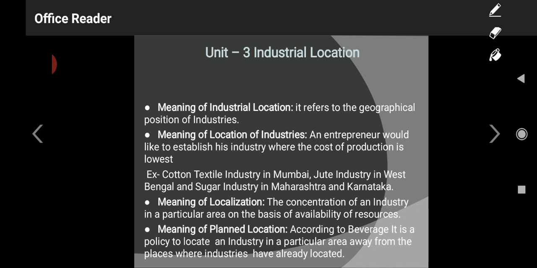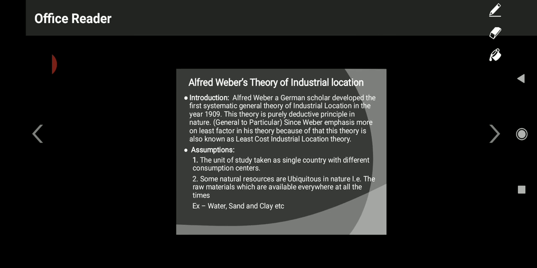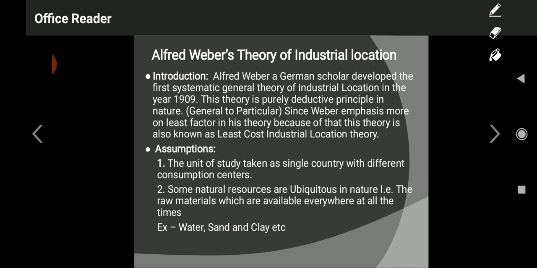If no other industries are located earlier in that place, then they are going to establish their own industrial location in that particular place. That is called the meaning of planned location. I hope all of you understood, my dear students. This is about the meaning of location of industry, industrial location, localization and planned location.